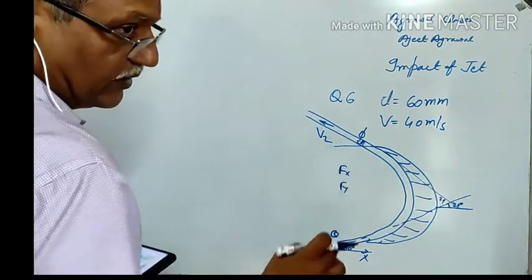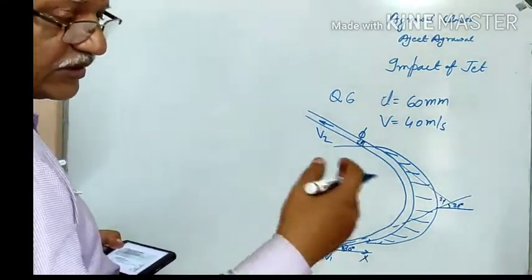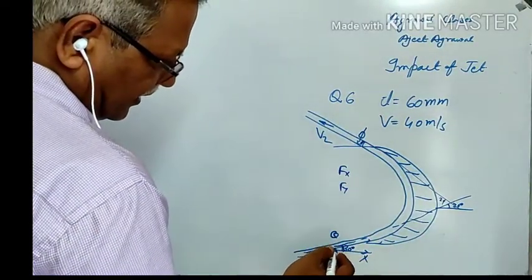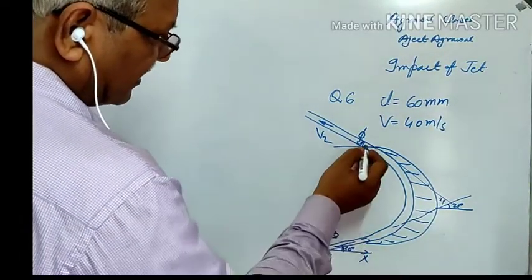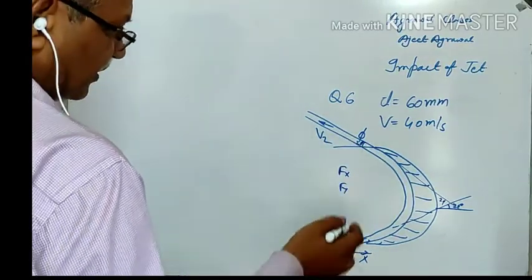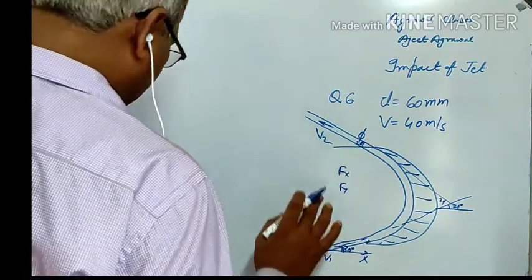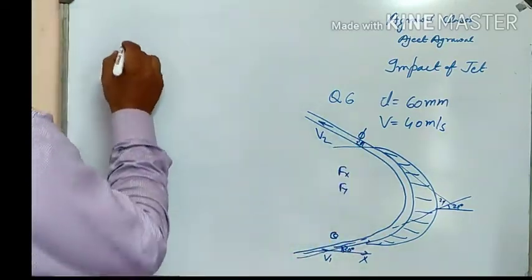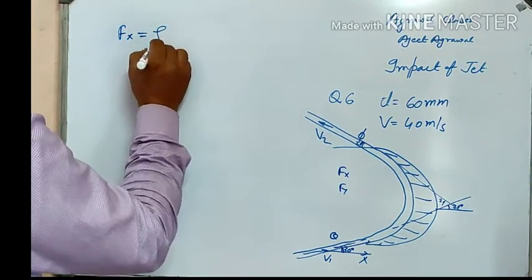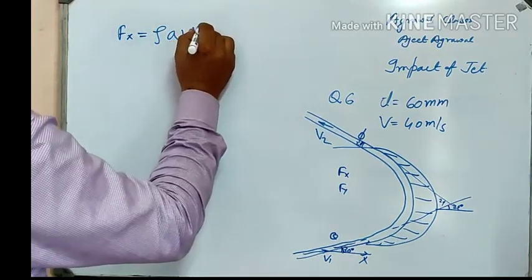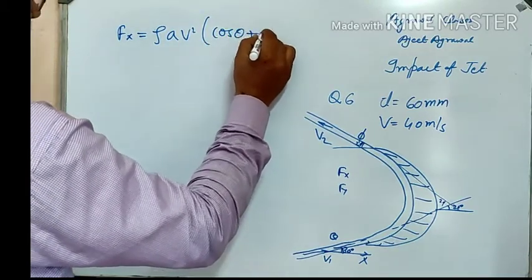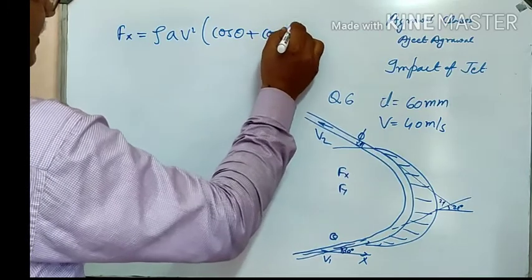This theta and phi we are taking all the time, and further in the turbine study also we will take the inlet angle of the blade as theta degree and exit angle from the blade as phi degree. So the force exerted in the x direction is given as rho a v square multiplied by cos theta plus cos phi.